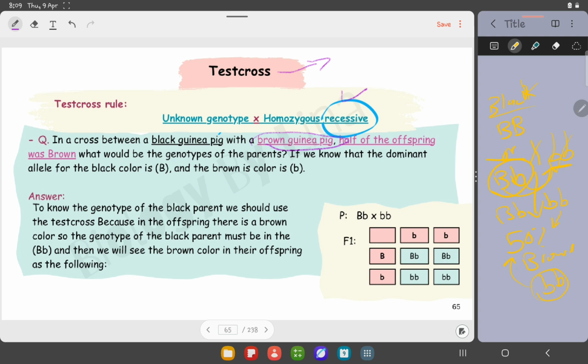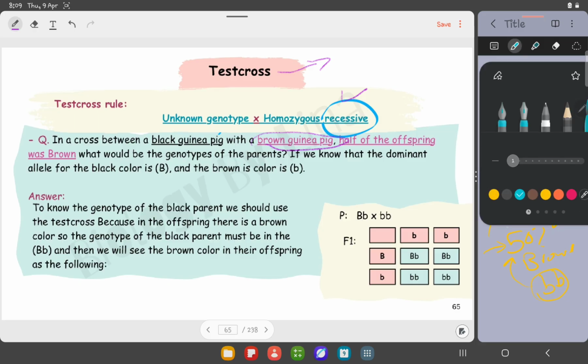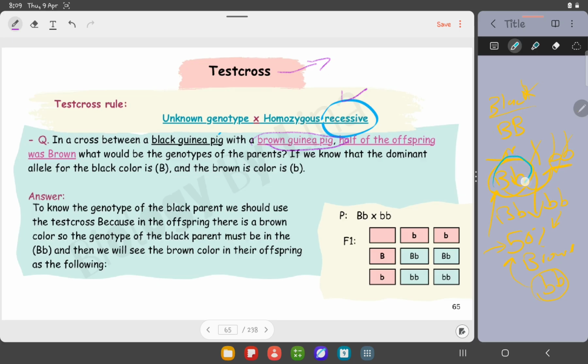So whenever you see that half of the offspring, or 50% of them, are recessive, the parent which is unknown, is it homo or hetero? It will be hetero. At that time it will be hetero if you have a ratio of 50%.